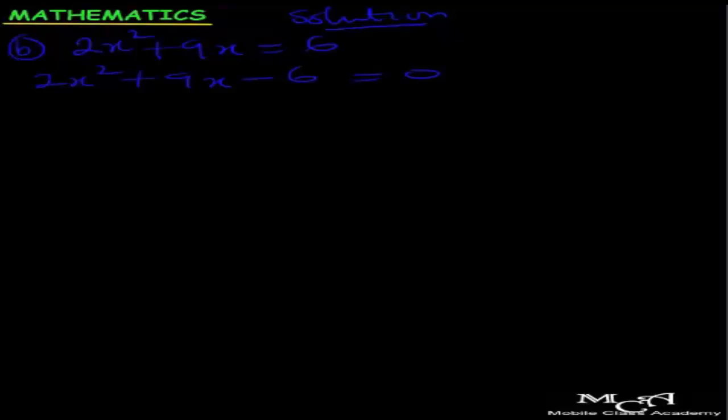It's looking like a quadratic equation, as you can see on the board. Remember, we are asked to look for the sum and the product of roots of the equation. So obviously you know that the coefficient of x squared here is 2. So I'm going to divide through by 2.